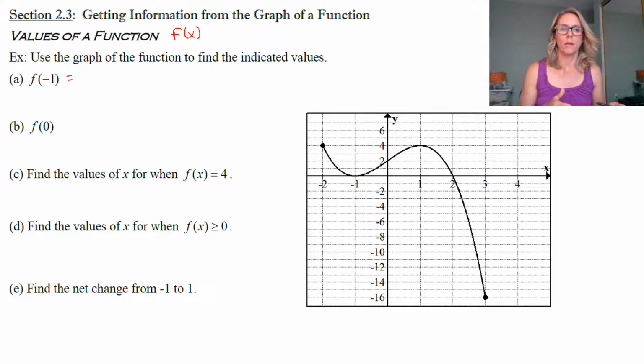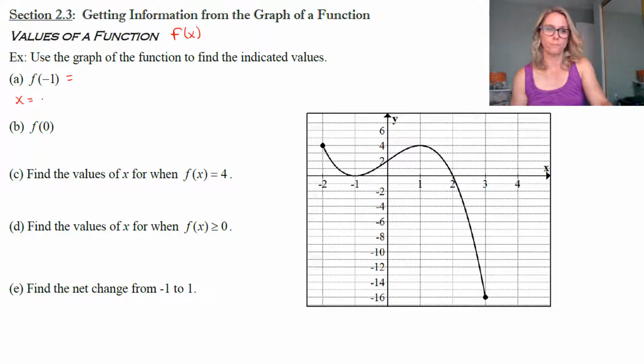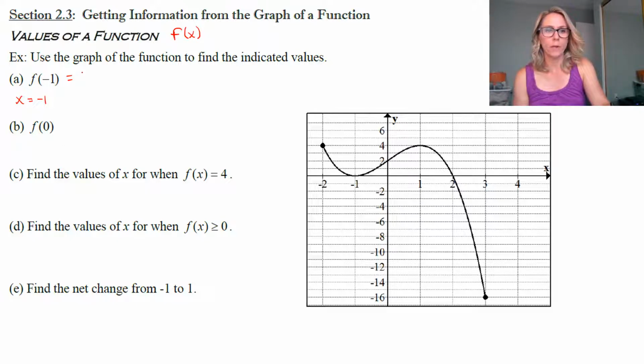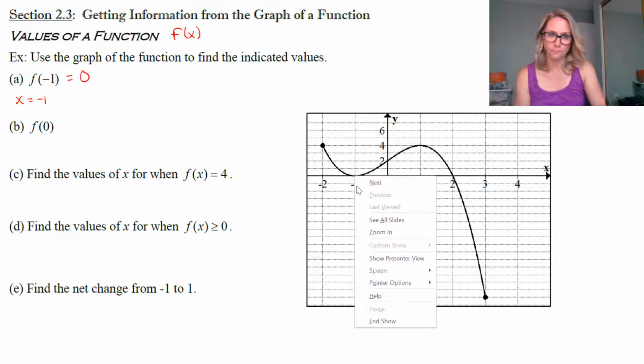So f of -1 means find the value of y when x is -1. Take a look at the graph and see if you can come up with the y value when x is -1. Hopefully you see that it is 0. It's this point right here.